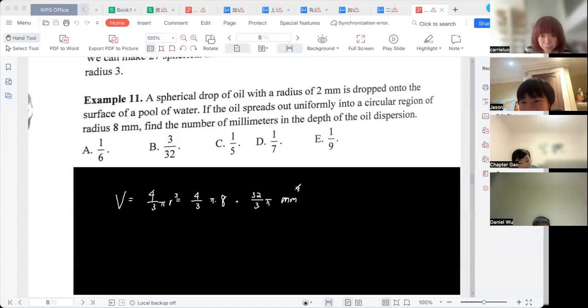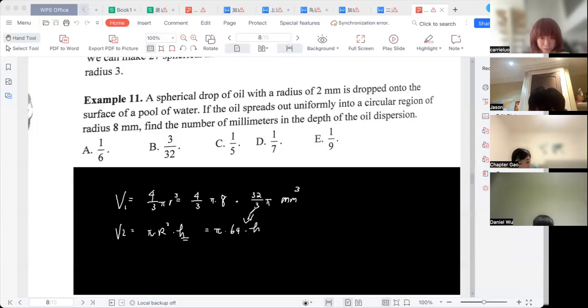Millimeter cubed. That's the volume 1. So let's take a look at volume 2, because this 8 millimeter circular region must have a depth, right? So how do we find out the depth? It is pi r squared times h. So pi times 64 times height.